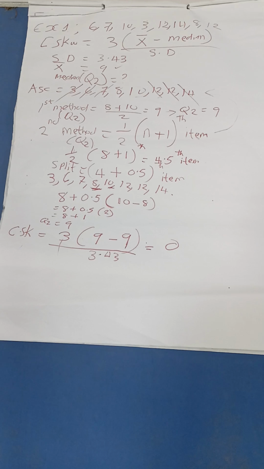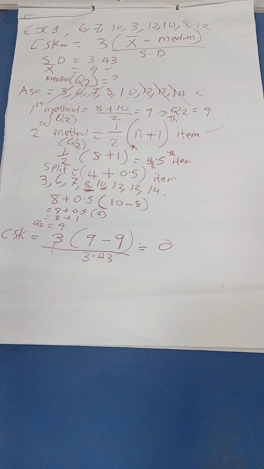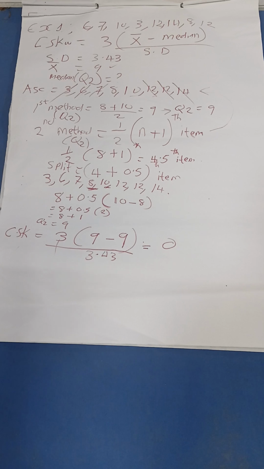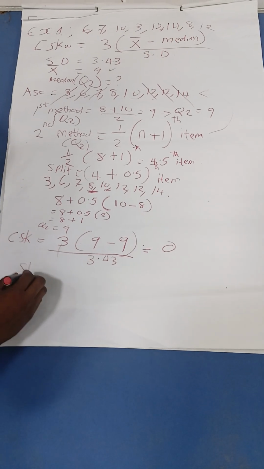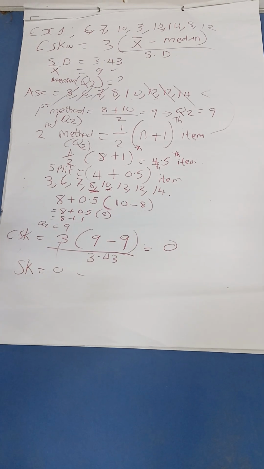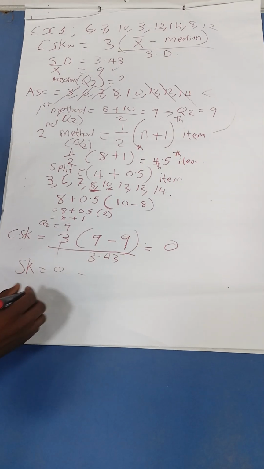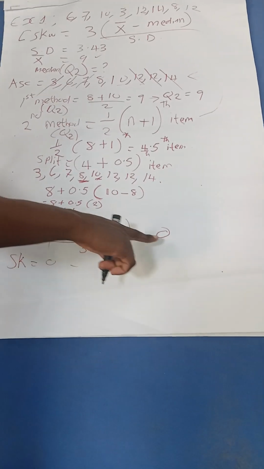So if you get 0, you are not wrong. Because in skewness, we normally say, if skewness is 0, there is no skewness. And if skewness is positive, if in case we could have gotten here 1, because we will do another question, we will get here positive 1.